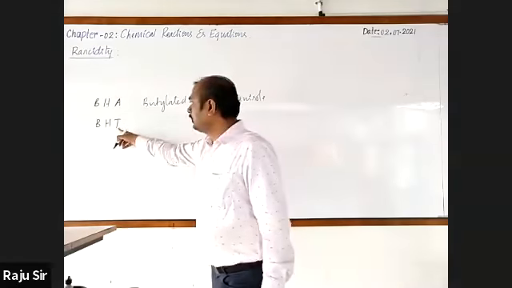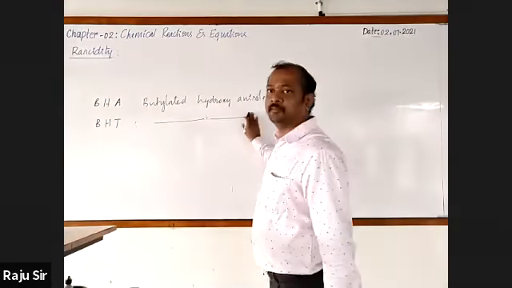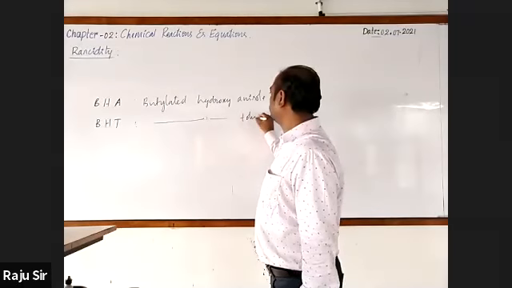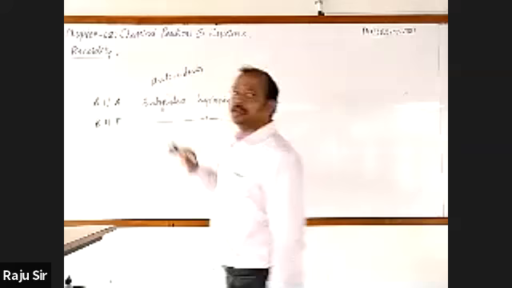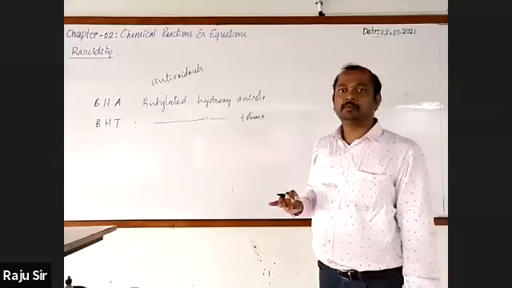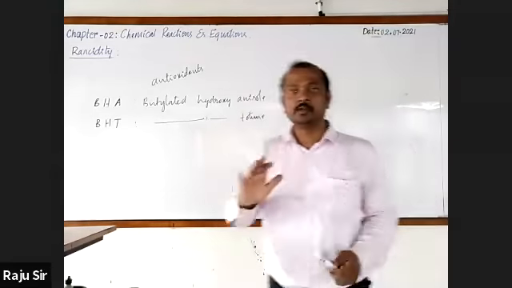And the second one, BHT, is butylated hydroxy toluene. So these are the two important antioxidants which we use for food items to prevent the development of rancidity. Clear?